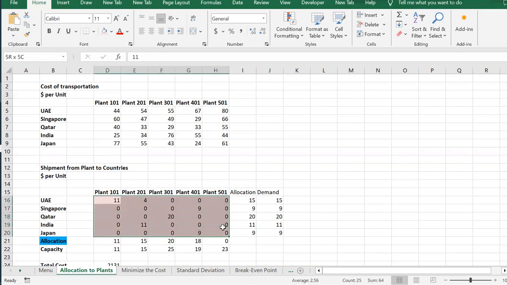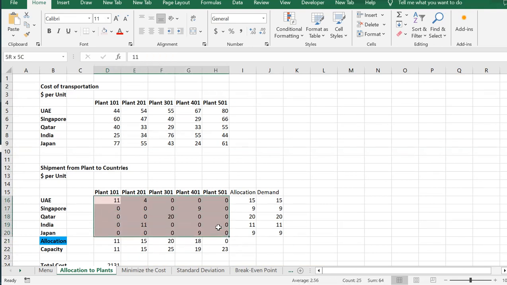These are the input cells, and using the solver, putting the constraints that the capacity per plant is already fixed. Okay, you cannot exceed 11 here, you cannot exceed 15 here, you cannot exceed 23 in here, right? And so the allocation.